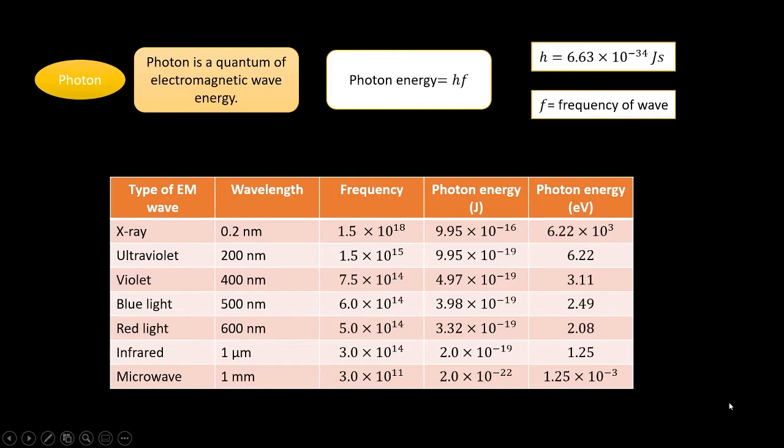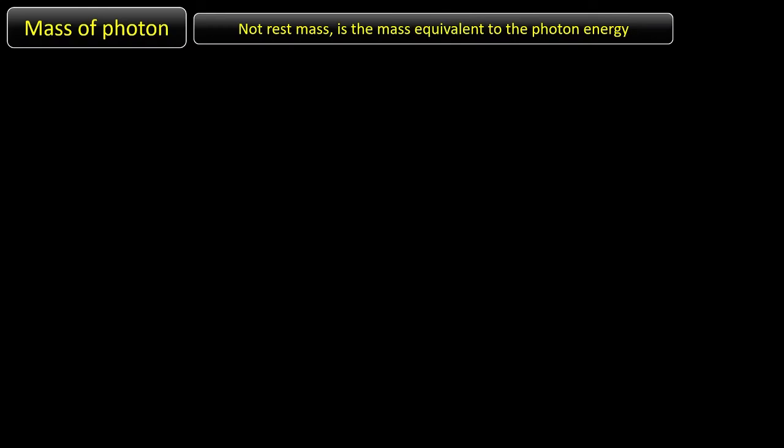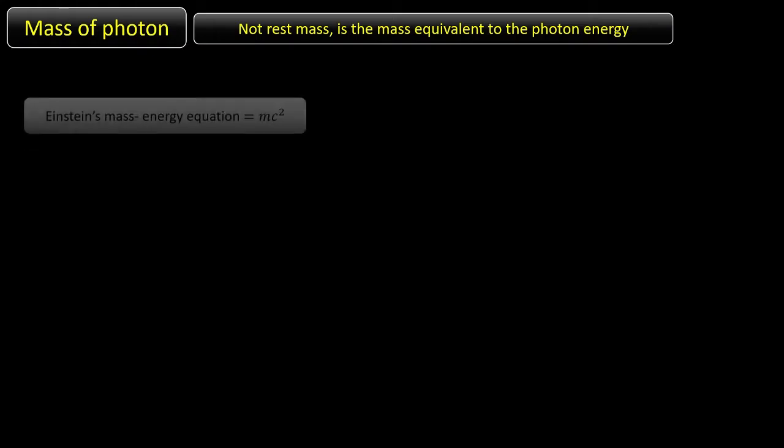Okay, next, what is the mass of a photon? The mass of a photon is not actually a rest mass, because the photon is never at rest, it is always moving. The mass is equivalent to the photon energy. So how do you get the mass of a photon?